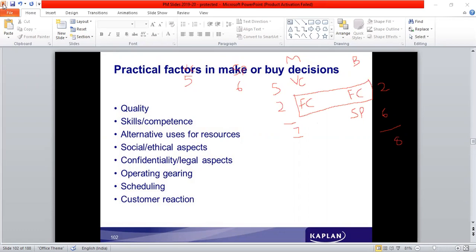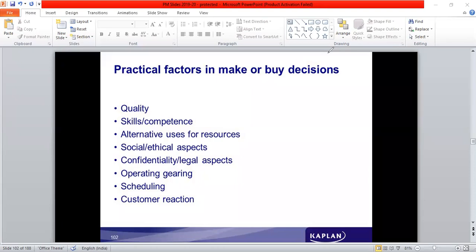What are the practical factors in make or buy decision? A very important point is the quality aspect, which has to be taken into consideration, because when it is made, whatever is the required quality will be taken into consideration.